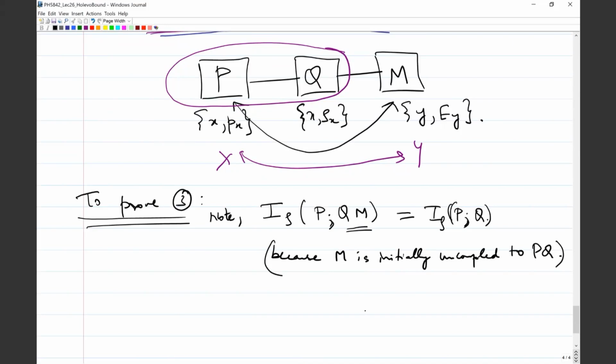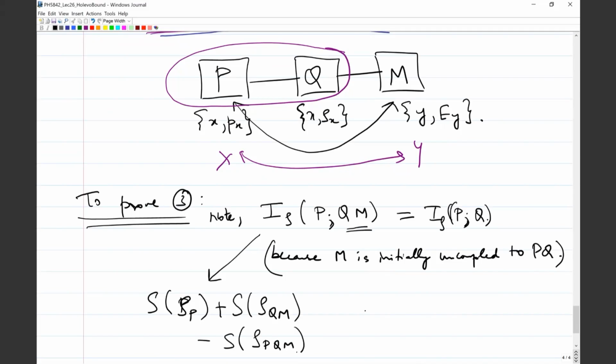So let's check that. Okay, so that's a good point. Does it hold for any product state, or does it have to be only a fixed pure state? So what is this mutual information? Again, let's go back to the definition. So this is S of rho P plus S of rho QM minus S of rho PQM, right? So now what will this be?